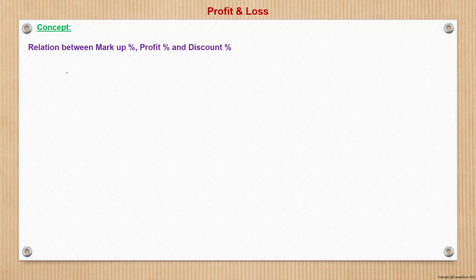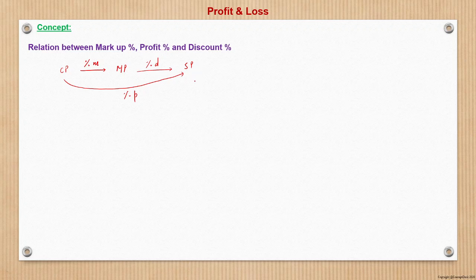We know that when we apply a percentage markup to cost price, we arrive at market price, and when we apply a percentage discount over market price, we arrive at the selling price, right? And when we apply a percentage profit over CP, we arrive at SP, right?